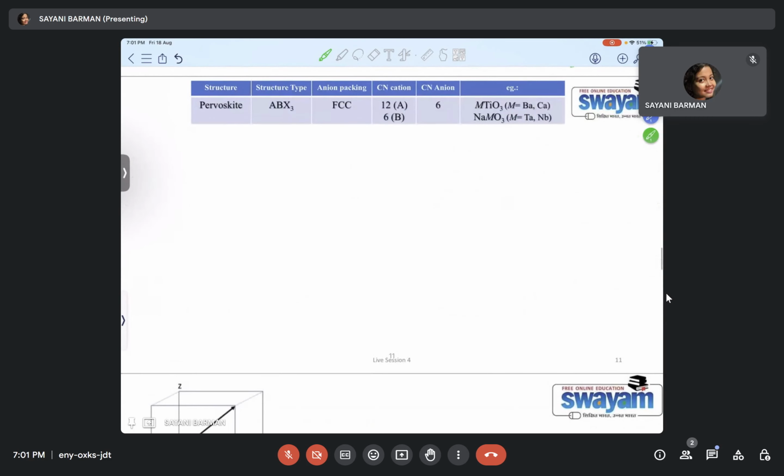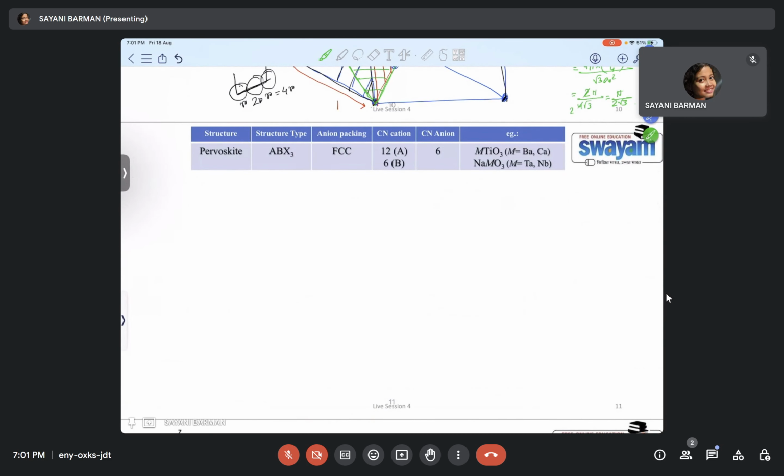Then the next one is, sir has asked us to detect the structure of the perovskite. Now perovskite is one of the ceramic type structures. Here I have included a few examples like MTiO3 where M is barium or calcium, and then MNbO3 where M can be tantalum or niobium. So let's detect the perovskite structure first.